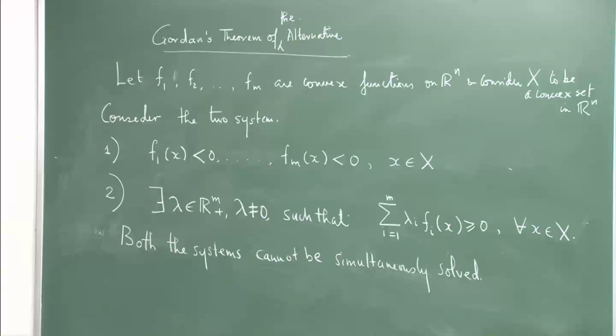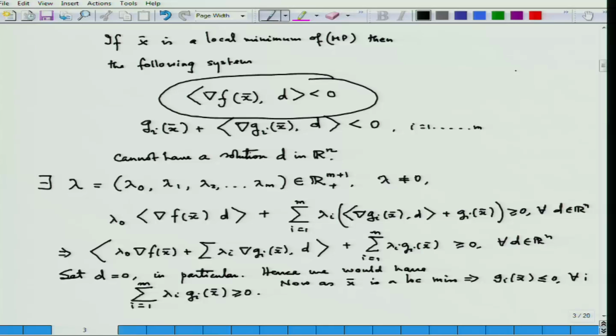So, here I forgot to put the plus, so it will be R m plus 1 plus. See, all of these quantities, that is lambda naught is greater than or equal to 0, lambda 1 is greater than or equal to 0 till lambda m is greater than equal to 0. That is the meaning of this in R m plus 1 plus.